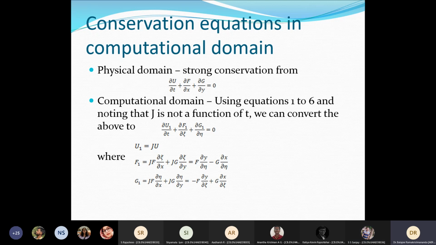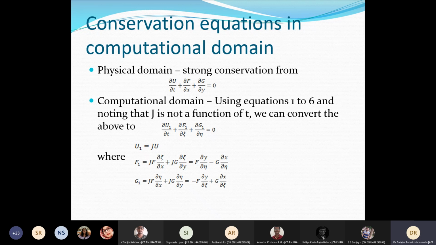So what is U actually? U vector or U matrix, column matrix? It is rho u, rho v, rho w, and rho E. So those denote what you want to know when you do some time stepping, the values at the next time step.